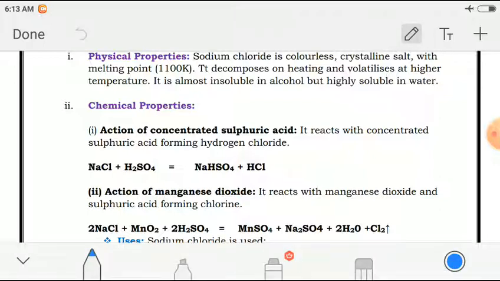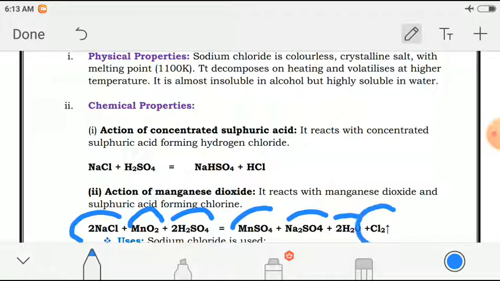See, sodium chloride, this one reacts with manganese dioxide in presence of sulfuric acid, which gives manganese sulfate, sodium sulfate and H2O molecule with liberation of chlorine gas. This is the reaction when sodium chloride reacts with manganese dioxide.